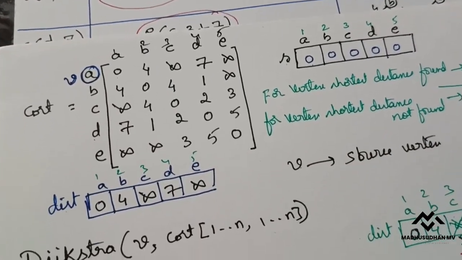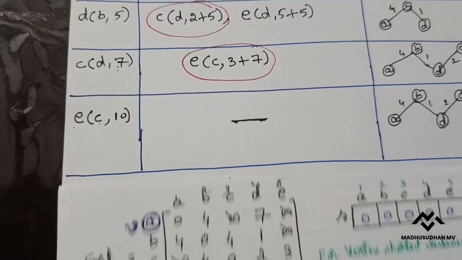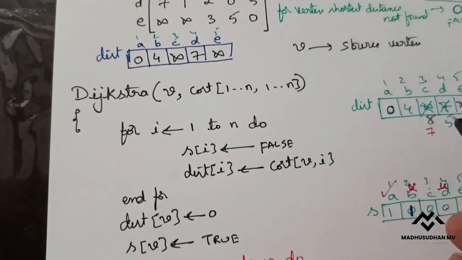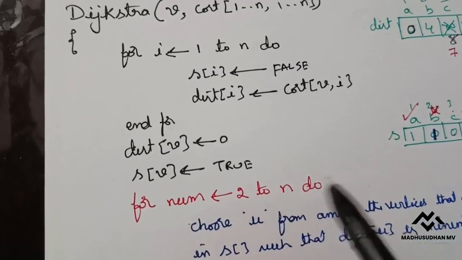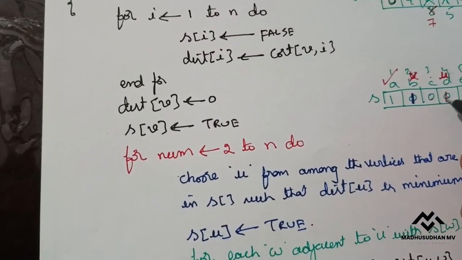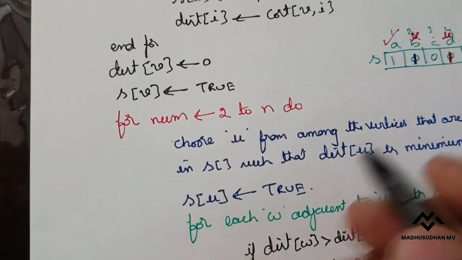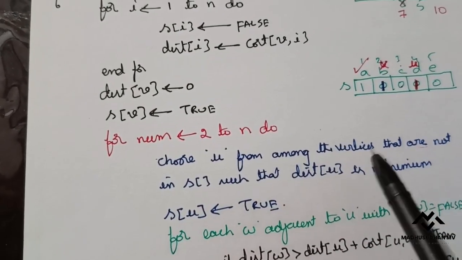So like that, it will check all the vertices and finally we will get the result. Okay, so let us check. Now I did this one. Now again it goes here. Now num is equal to 4. 4 less than or equal to 10, true, comes inside. See, I forgot this one, this one I made it 1. As soon as I selected U, I made S of U true. So now choose U from among the vertices that are not in S. Which are not in S?